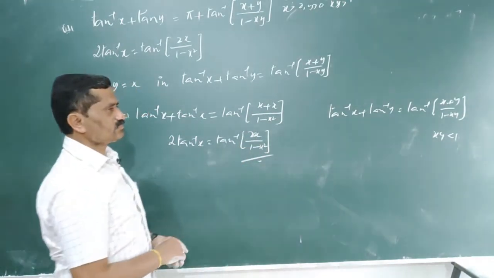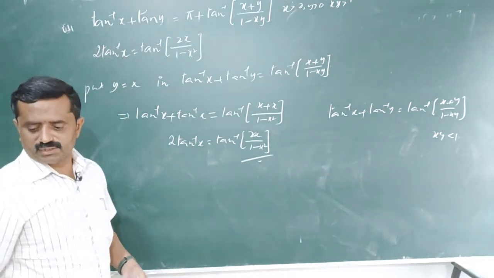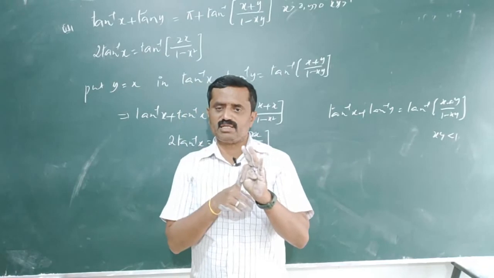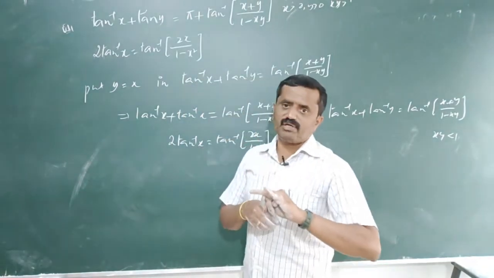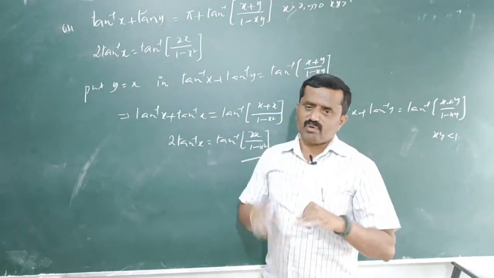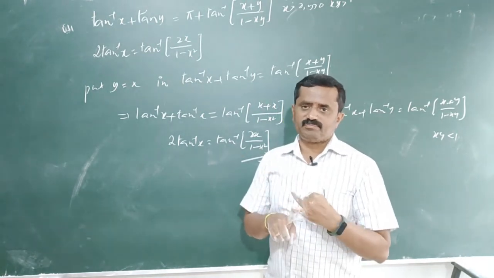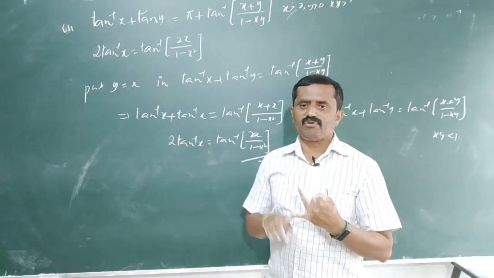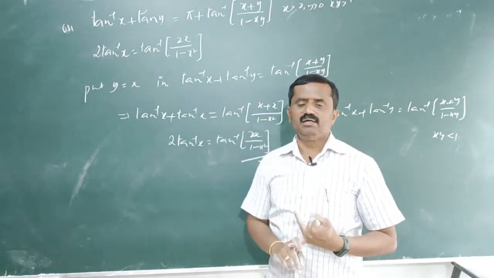Okay. So here you should remember these 4 properties. One is tan inverse of x plus tan inverse of y is equal to tan inverse of (x plus y) whole divided by (1 minus xy). Next, tan inverse of x minus tan inverse of y is equal to tan inverse of (x minus y) whole divided by (1 plus xy).